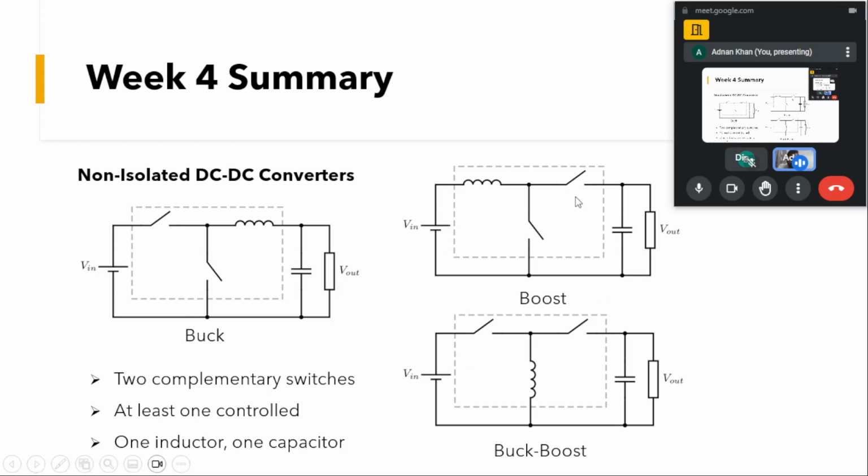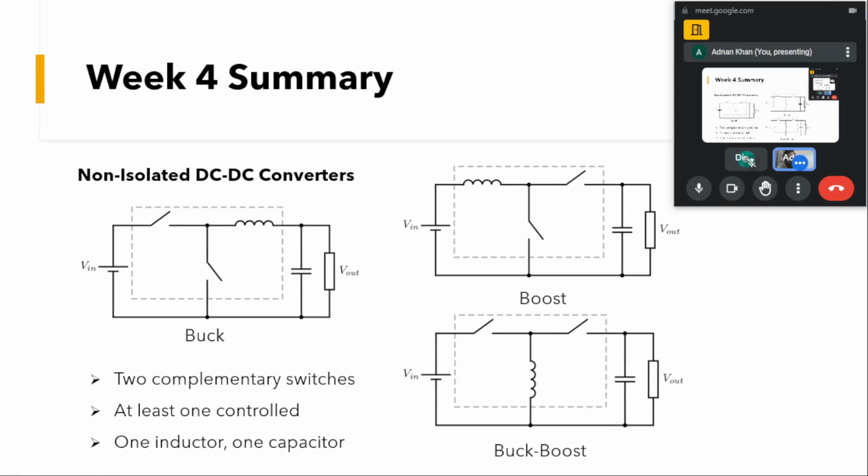Similarly, if we switch on both the devices in the boost converter, we will be shorting the load, and the capacitor will discharge through this, and a huge current will flow. In a similar way, if both the switches in the buck-boost converter are on, the input voltage and output will get short circuited.